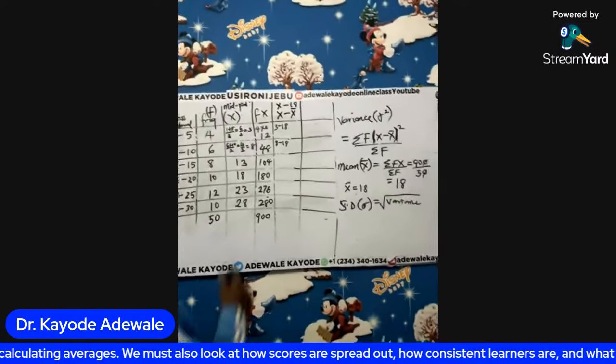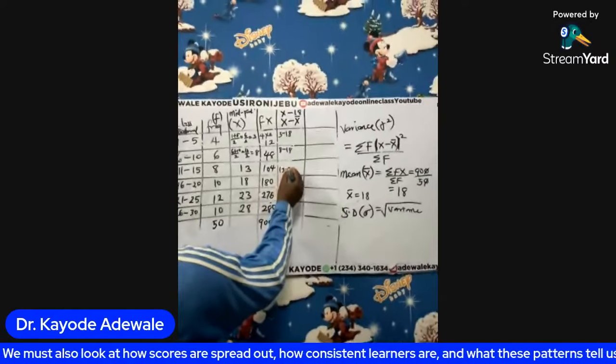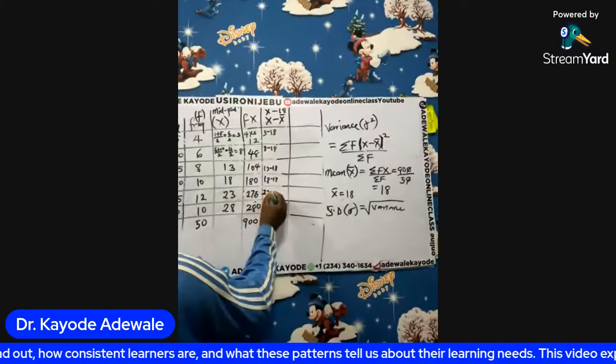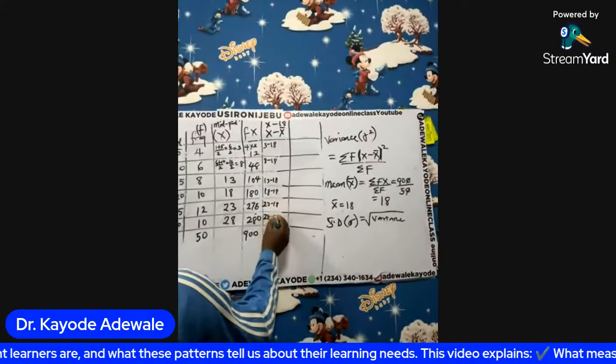Can we get the values of that? So this is going to become 13 minus 18, 18 minus 18, 23 minus 18, 28 minus 18.